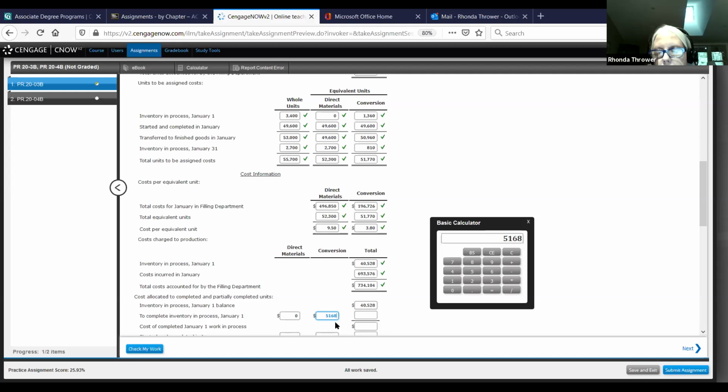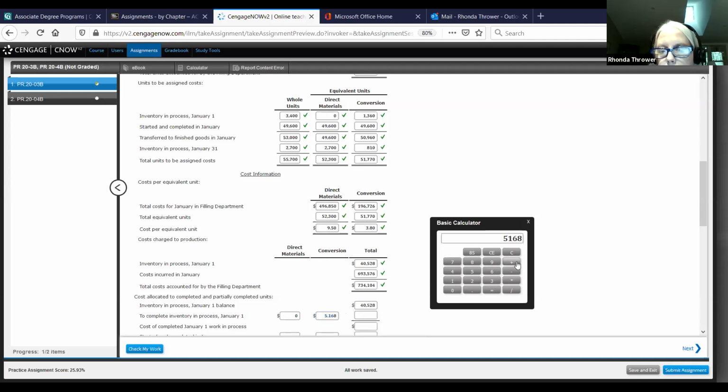This month, we completed all of our beginning inventory. So we brought forward from last month $40,528. We're going to add to it what we needed to finish the beginning inventory units, which is $5,168.